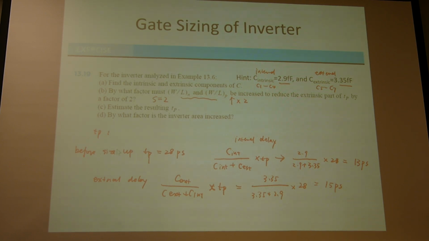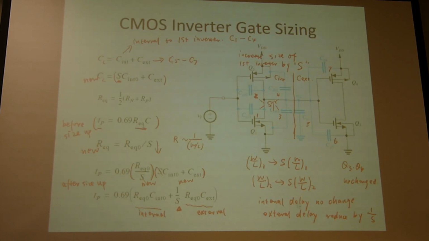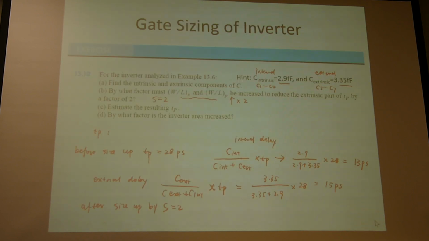So here, after size up by S equals 2, our conclusion is internal no change, external reduced by 1 over S. So this internal delay has no change, and this external one is reduced by 2. That means it becomes 7.5 picoseconds.